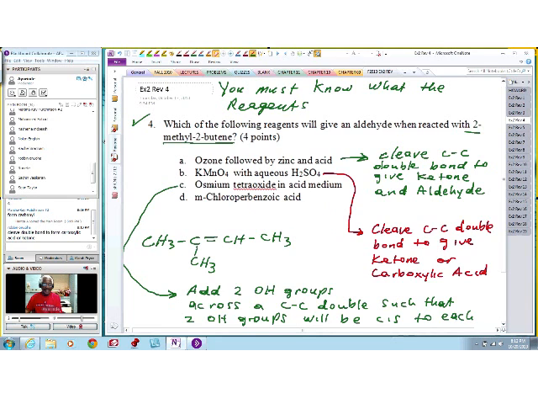In other words, this reagent here, osmium tetroxide, is what we call a cis addition reagent. Or sometimes instead of cis, we say syn. That is the same thing.